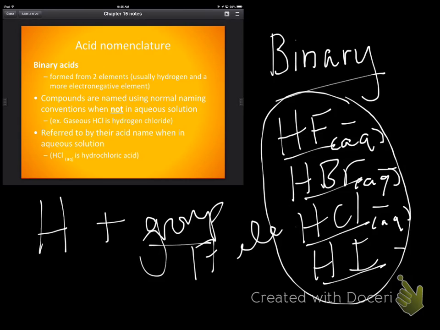And hydrogen bromide in aqueous solution is hydrobromic acid. Hydrogen iodide in aqueous solution, hydroiodic acid. It's always the one that wraps people's tongues in a knot. So we've got hydrofluoric acid, hydrobromic acid, hydrochloric acid, and hydroiodic acid.